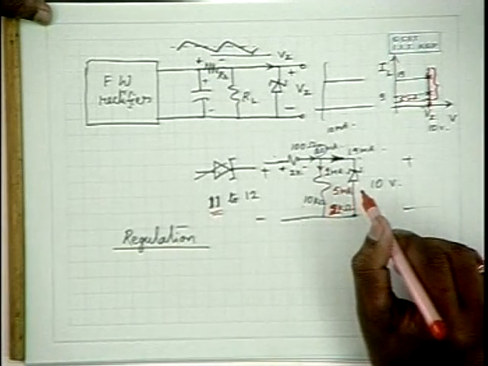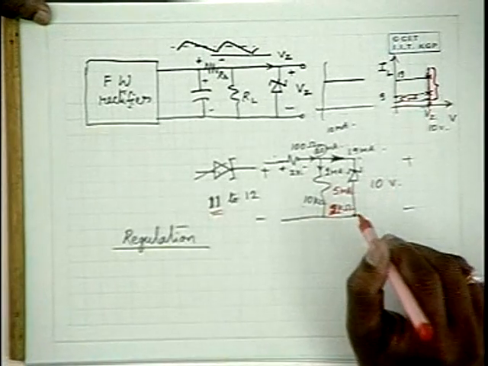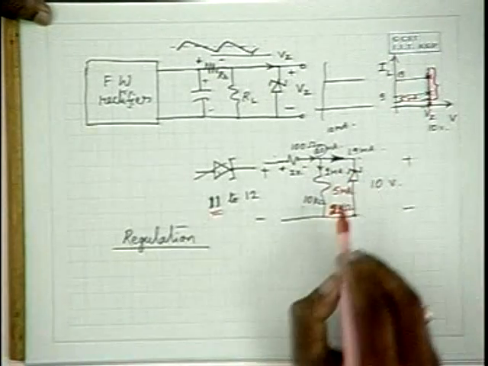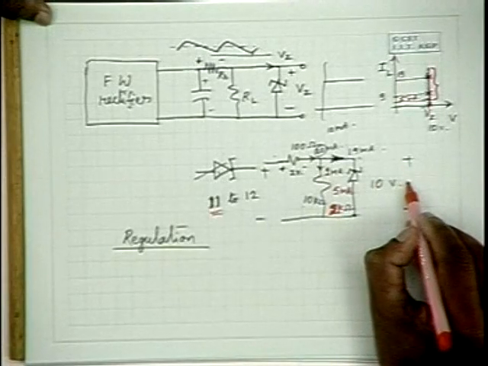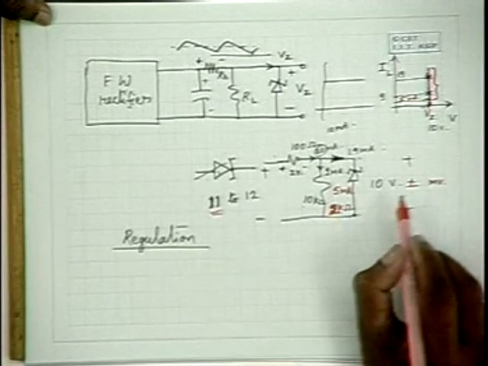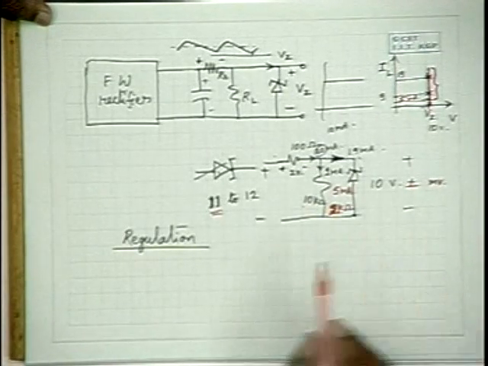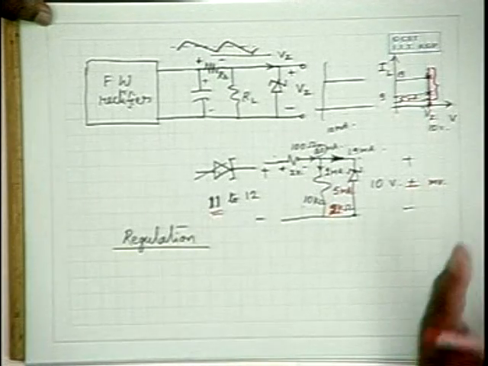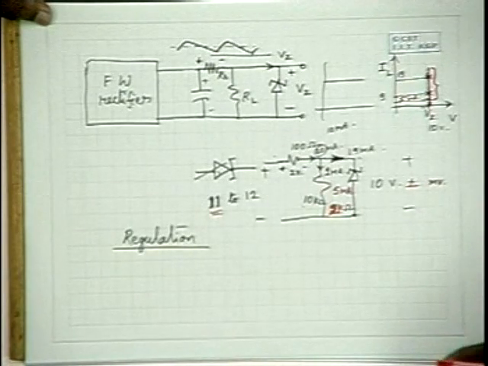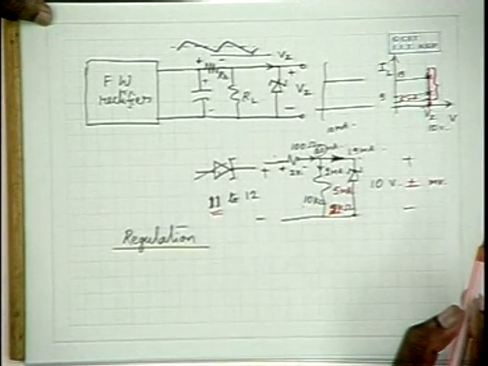If you look at it microscopically, you will still find a few millivolts of voltage variation. As a result, the percentage regulation is not actually zero. You will find some very low percentage regulation.